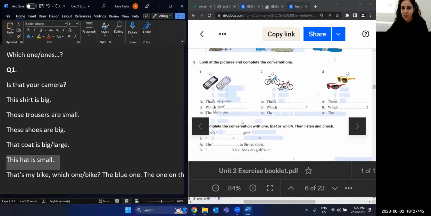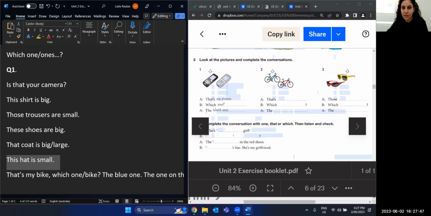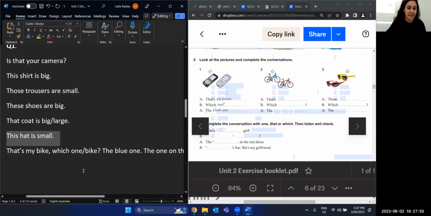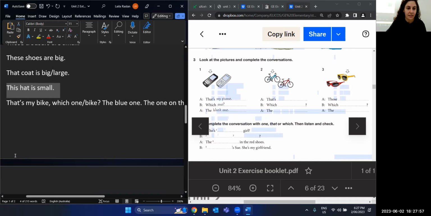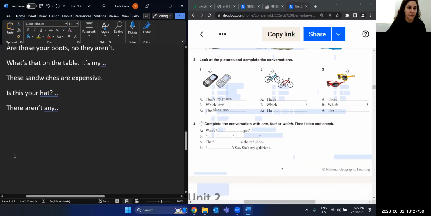Okay, so that's my phone. Which one? So remember the black one. The word one replaces the noun. So the black one.